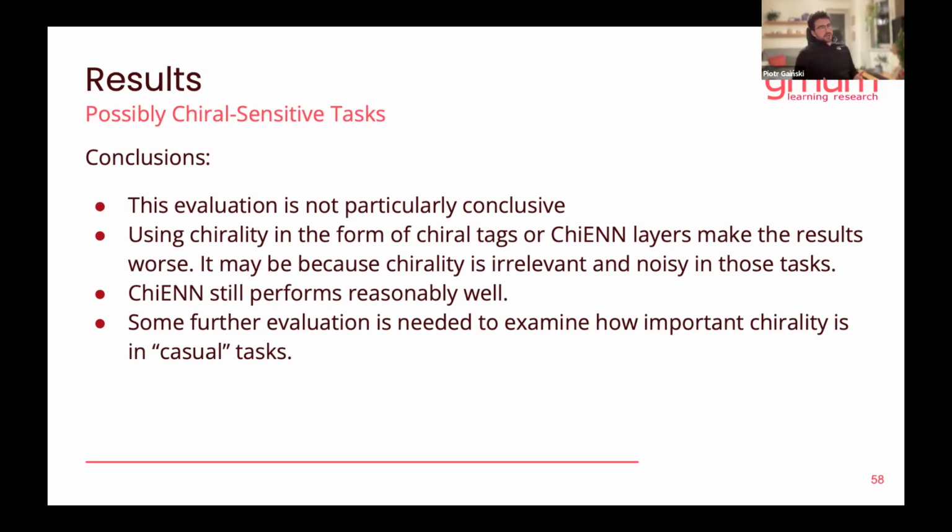Probably the chirality here is irrelevant, maybe noisy. I believe one conclusion is that much more experiments should be done to examine how important chirality is in casual molecular property prediction tasks.